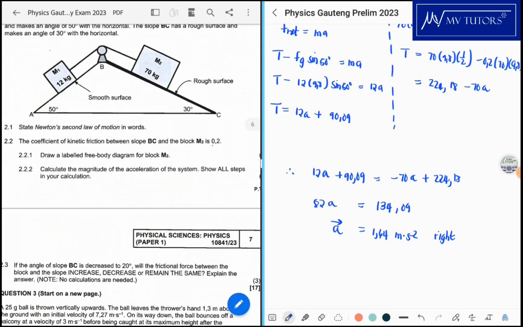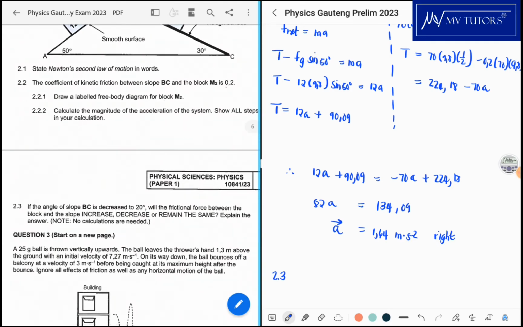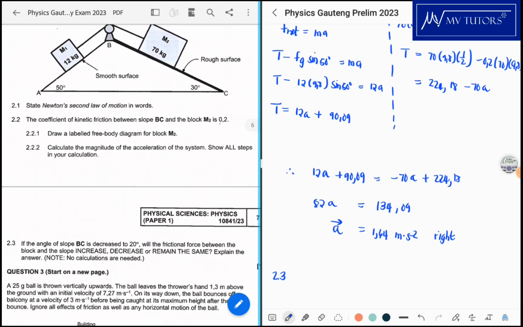Now for question 2.3. We'll check the time afterwards. So it says if the angle of the slope BC is decreased to 20, will the frictional force between the block and the slope increase, decrease, or remain the same?